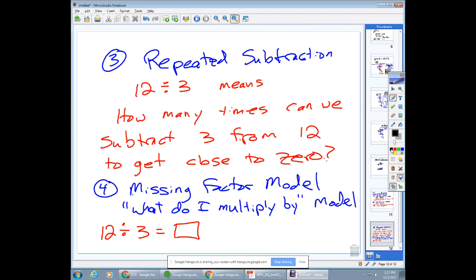The translation of that comes from reading it backwards. So this means the same thing as what times 3 equals 12. You can either think about it as trying to subtract to get there, or use a set partition. So you can kind of rely on the other models, but mostly this relies on knowing multiplication facts. And sort of think, oh yeah, 3s, let's see, 3, 6, 9, 12. 4 times 3 is 12. So we have to come up with the answer by knowing something about multiplication.